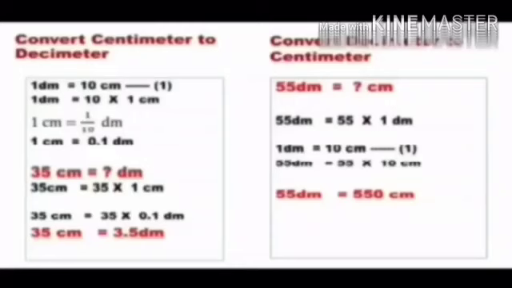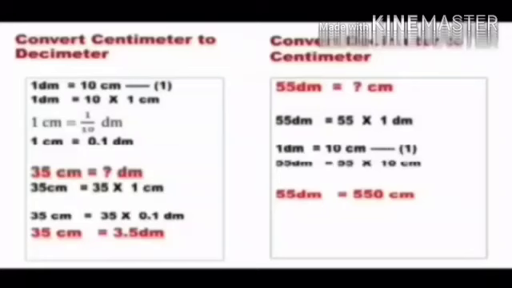Now we see how to convert decimeter to centimeter. We know the basic relation 1 decimeter equals 10 centimeter. We have a question, in 55 decimeter how many centimeter? We can write 55 decimeter equal to 55 times 1 decimeter.